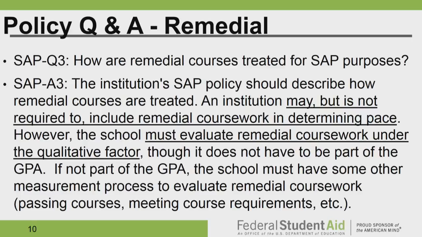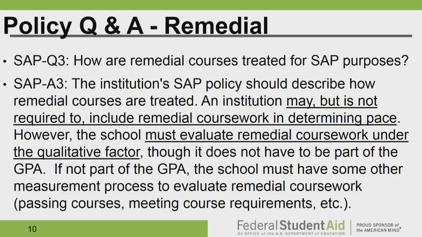So we tell you that you may, but you're not required to include remedial coursework in determining that pace of progression. Remember, think about the point behind pace of progression. We're telling you that a student should be on a track to complete their academic program. And when you put an academic program in your standards and you say how many credits or how many clock hours a student is expected to earn, you probably didn't envision remedial coursework in there.